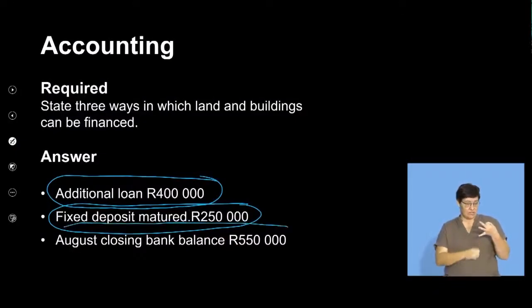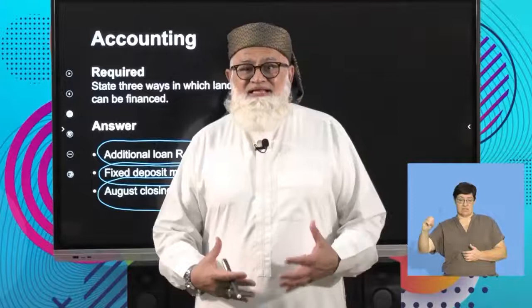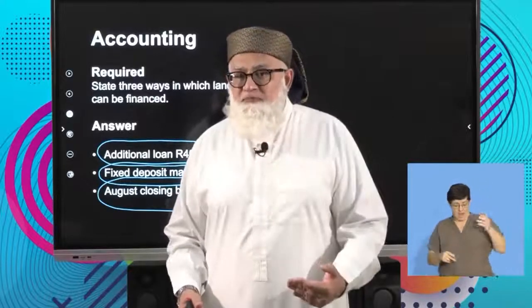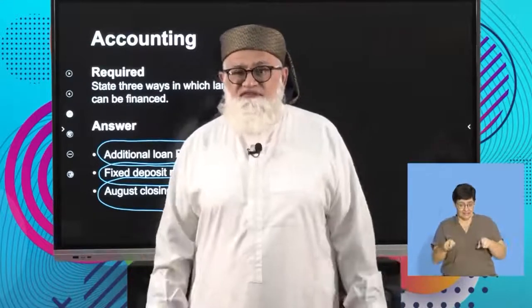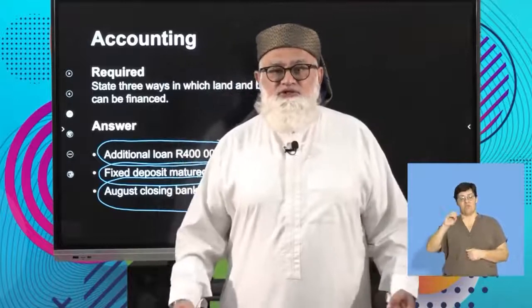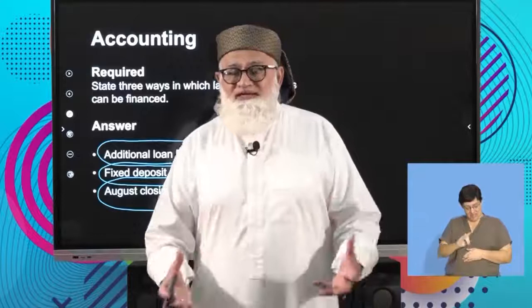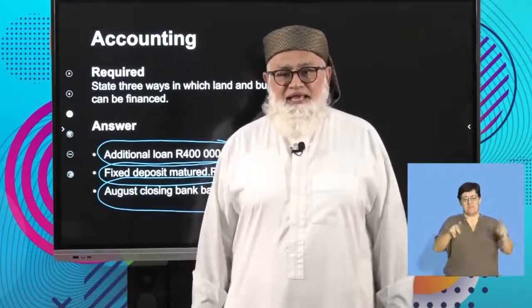And then clearly, you look at your bank balance at the end of your budget period, and in this case here, there was a closing balance of 550,000 Rand, meaning that after you have subtracted your receipts minus your payments, right, you had a surplus of cash to the value of 550,000 Rand, and as a result of that, you can clearly see that you can use that cash that you have as a surplus to finance your land and buildings.